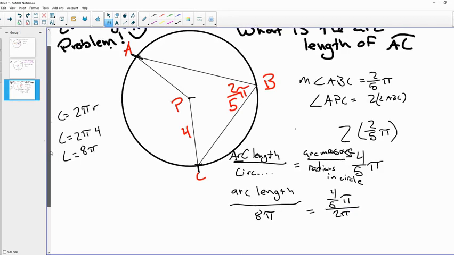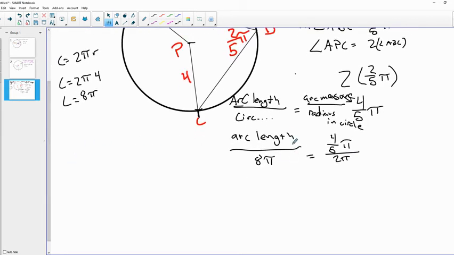Now we can do a couple things. I'm going to take this arc length and just call it x, because we're used to seeing the variable x. Then we can start to simplify things a little bit.